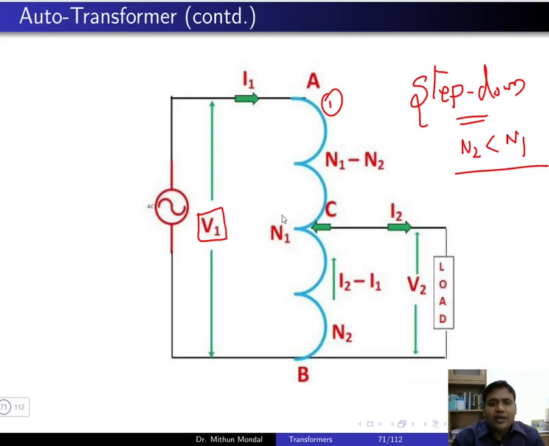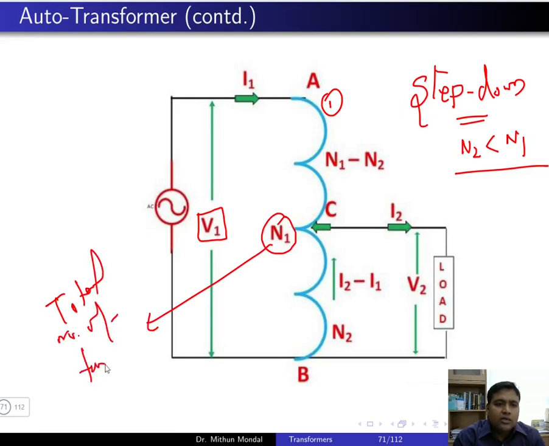So if we take N1 as the total number of turns in the circuit, which is forming a part of V1, and a tapping is provided at some point in the winding, then this winding is divided into two parts.